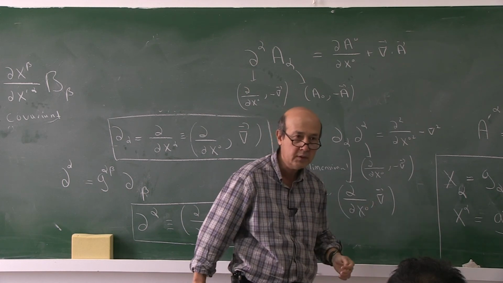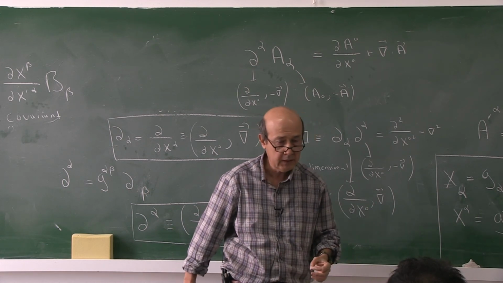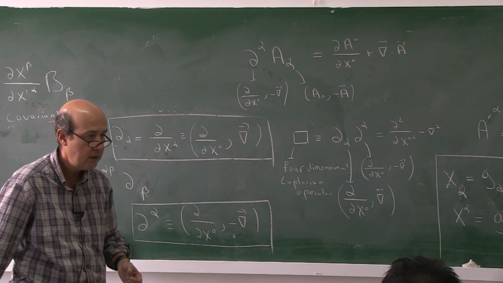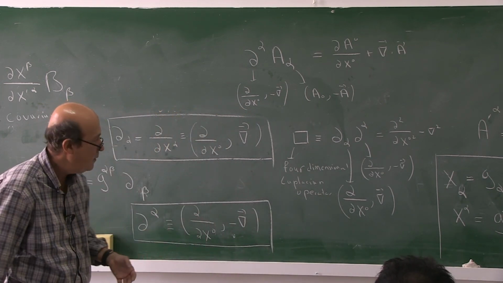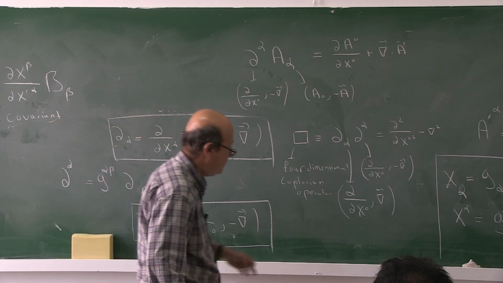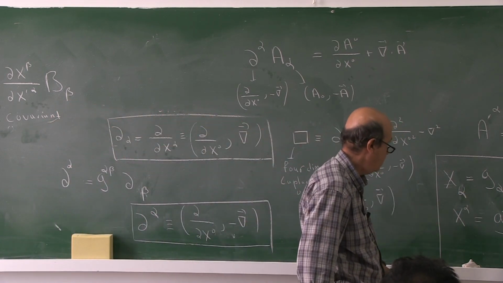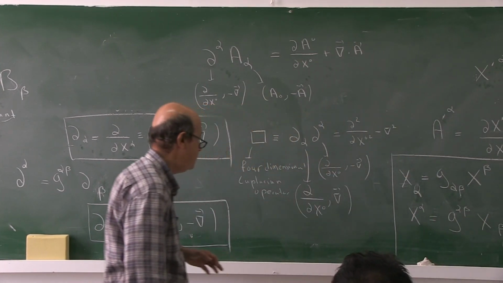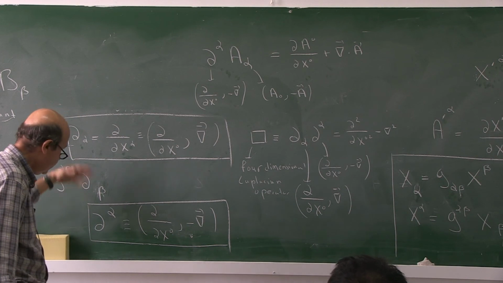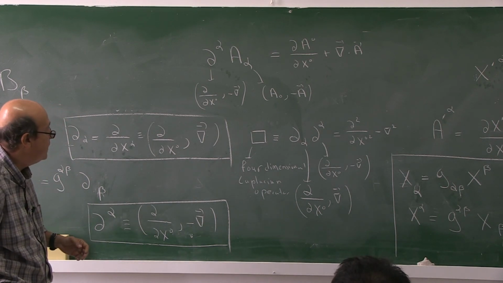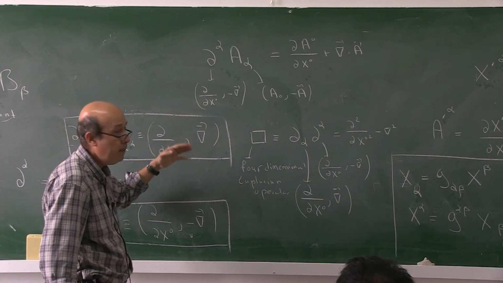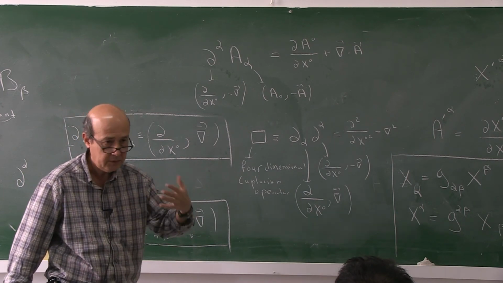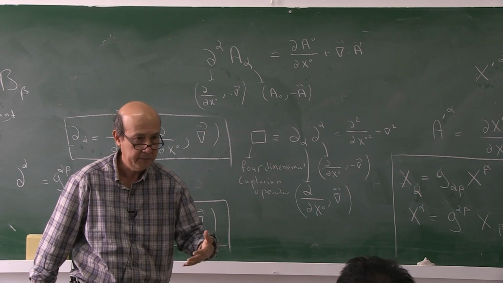So we will construct the wave equations in covariant form. Basically the metric tensor, the covariant and contravariant forms of the vectors, and the derivative operators eventually help us define the covariant form of the tools of electrodynamics.